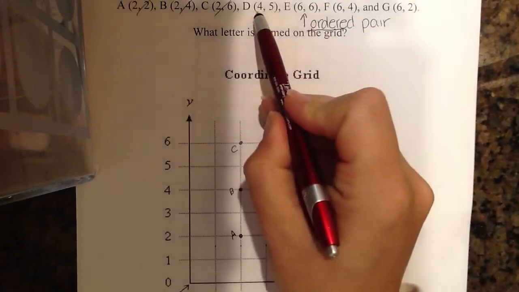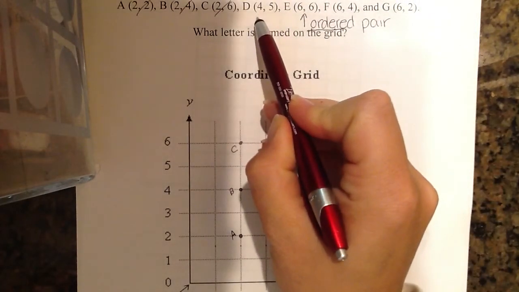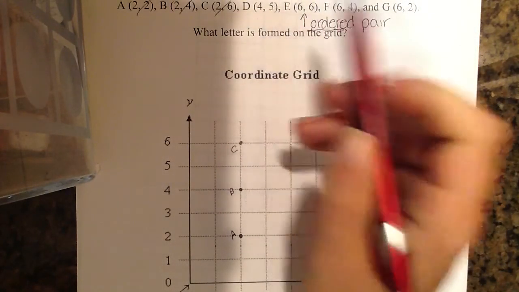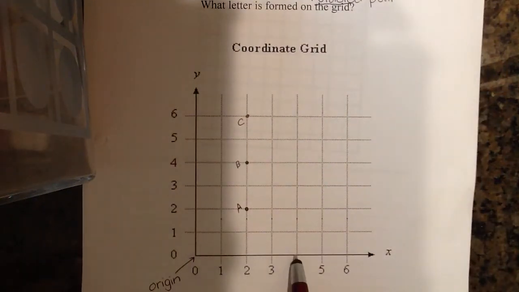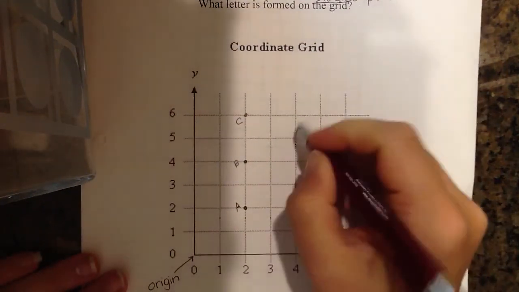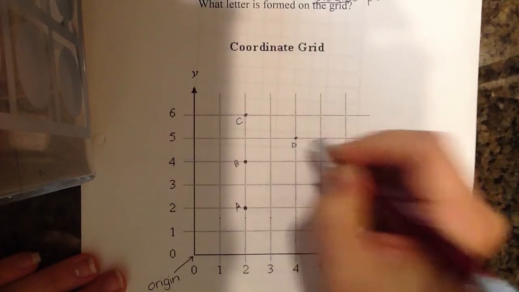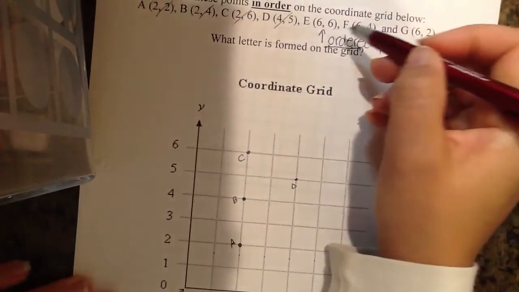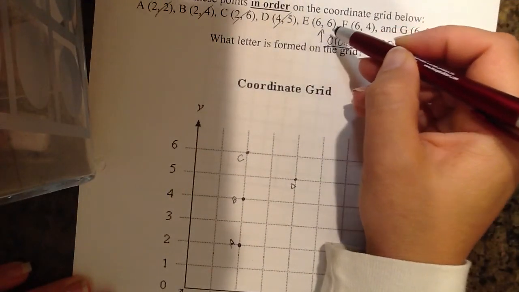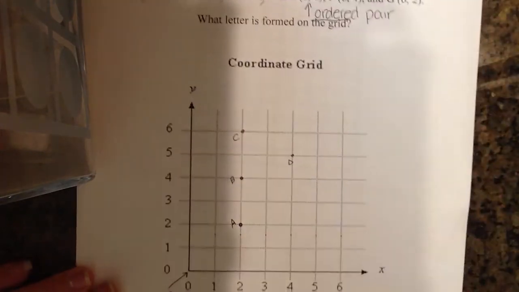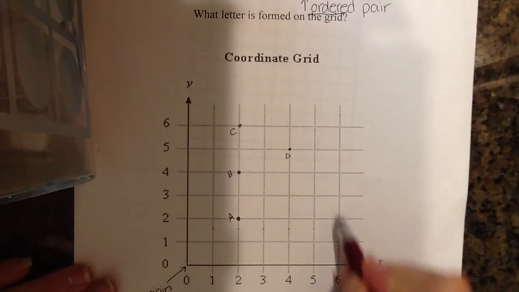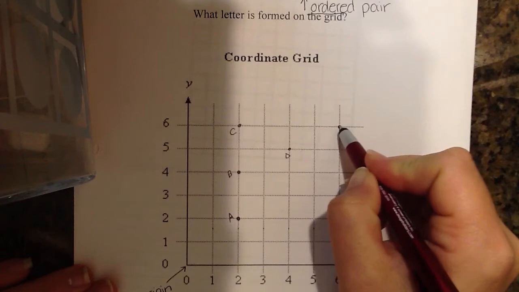D says 4, 5. So I have to go over 4 and then up 5. That was the D. E says 6, 6. So I have to go over 6, up 6.